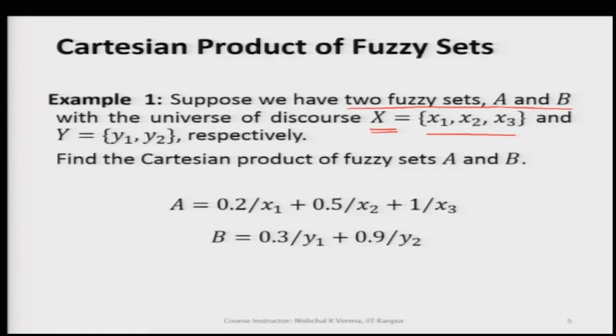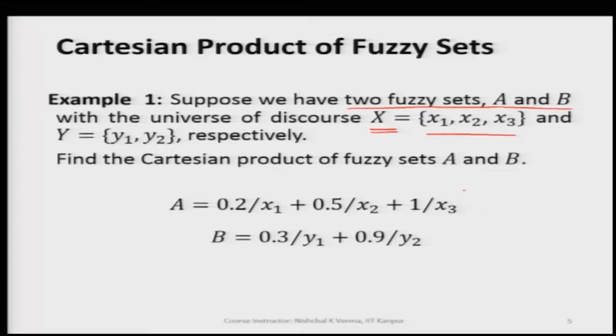So, when we have the fuzzy sets capital A, capital B, and the universe of discourse is already given, let us find the Cartesian product of fuzzy sets A and B. We apply the expression that we have just discussed and substitute the values of fuzzy set A and fuzzy set B, which are given here.